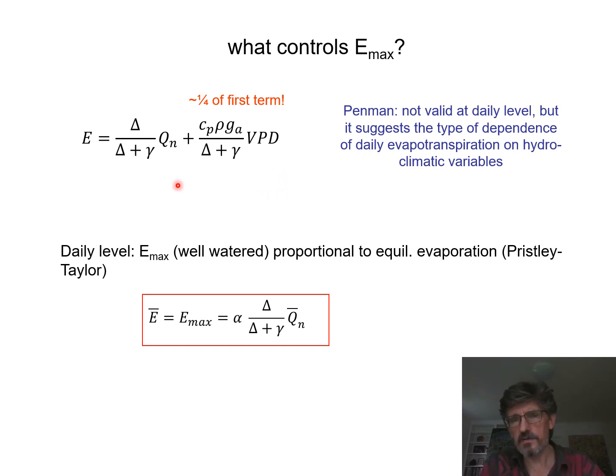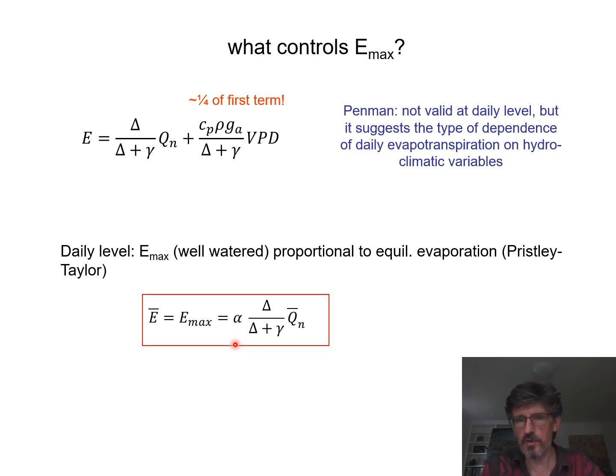Now, this is a nice structure which was actually exploited by Priestley-Taylor in a famous formula of hydrology. It showed us that when you integrate this over the daily level and you study the mean evapotranspiration in well water condition, let's say this is our Emax, this term averaged over the day is just a fraction of the potential evapotranspiration, and that fraction is around 25%.